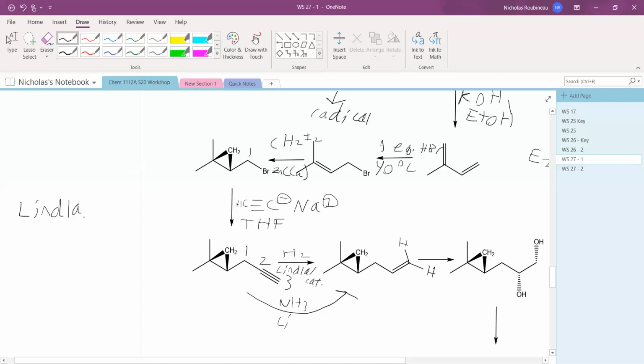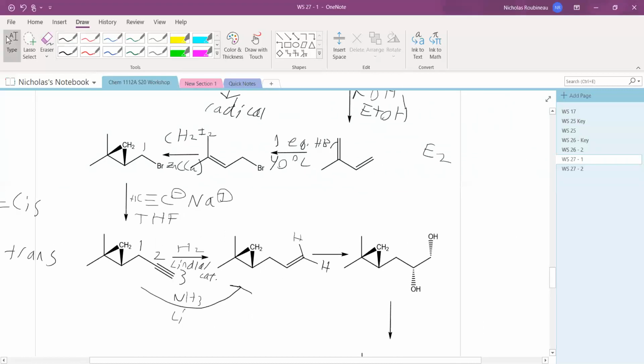But what does Lindlar's catalyst lead to? Because you do have to notice, it just wasn't relevant here specifically. Yeah. And then Lindlar's catalyst leads to the cis double bond, and then Na and NH3 leads to the trans double bond. So that's just something to keep in mind.